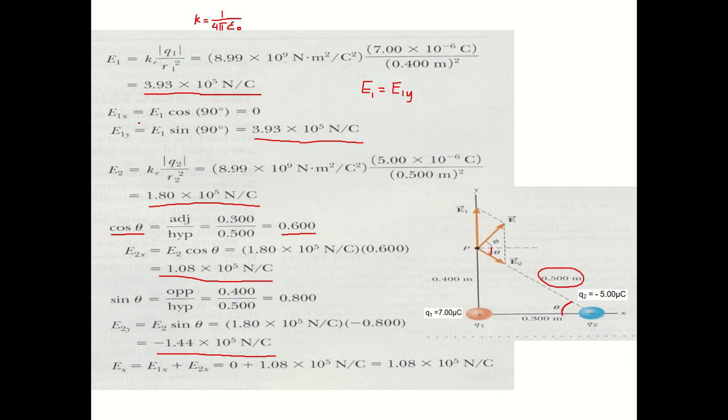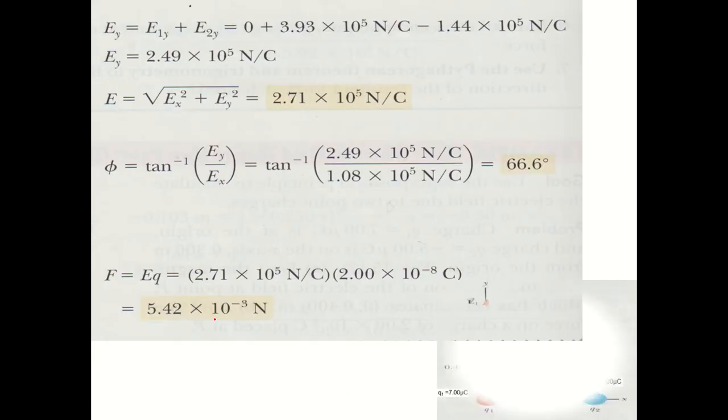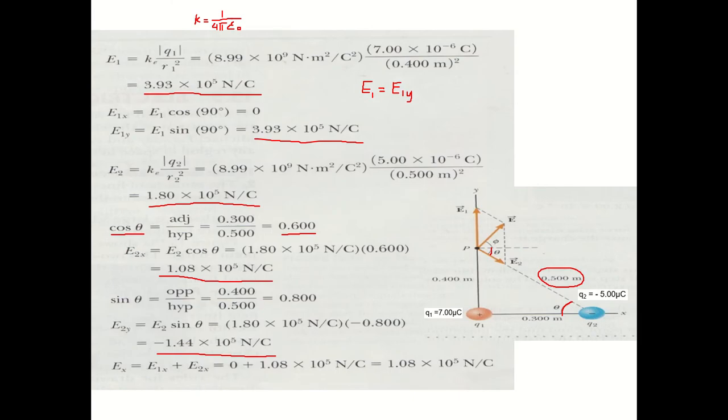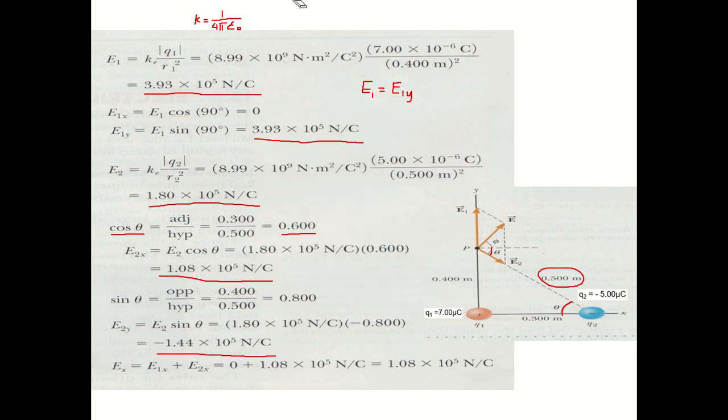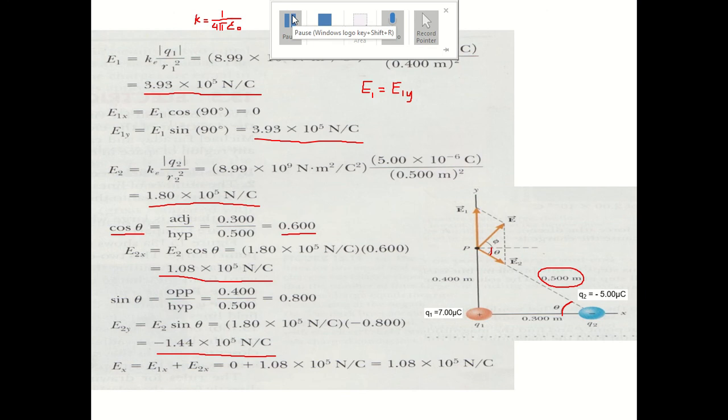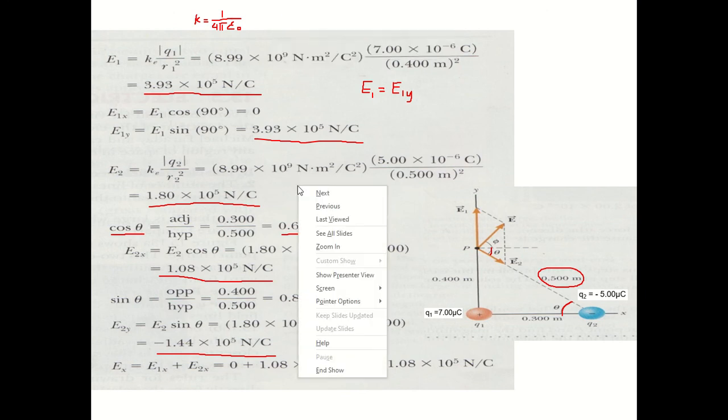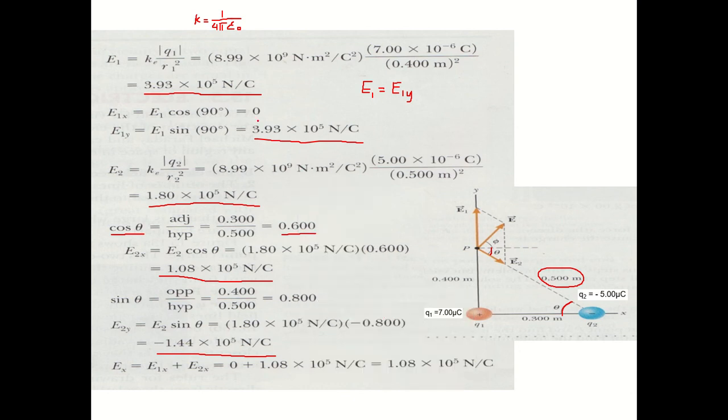E sub 1x is equal to 0, because E sub 1x here is equal to 0.